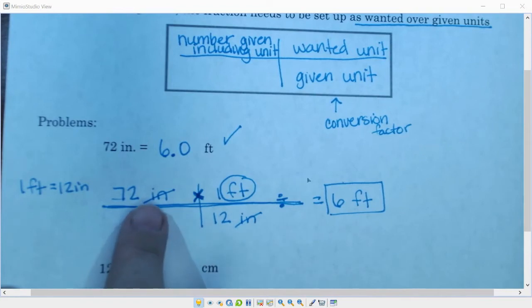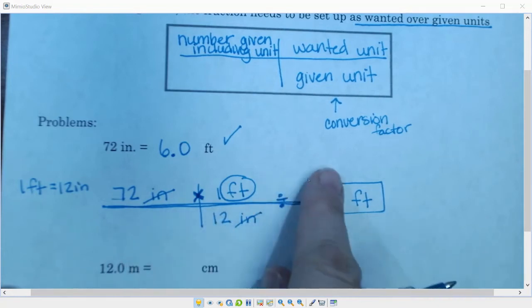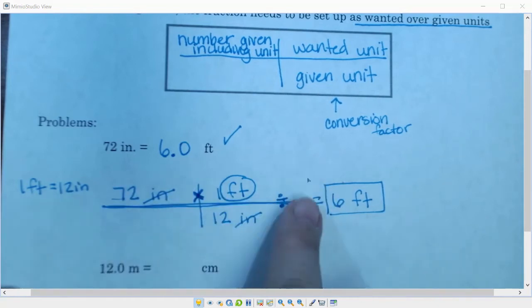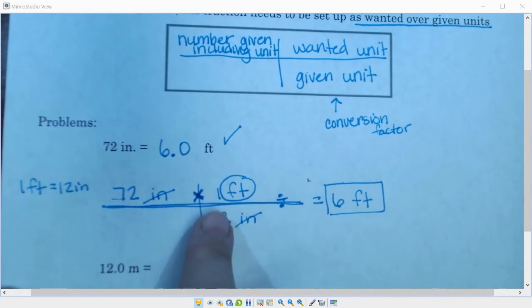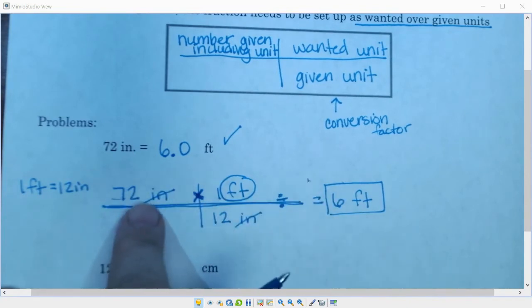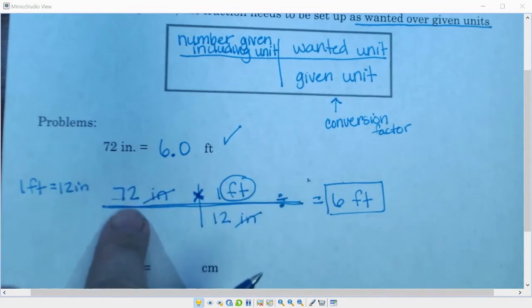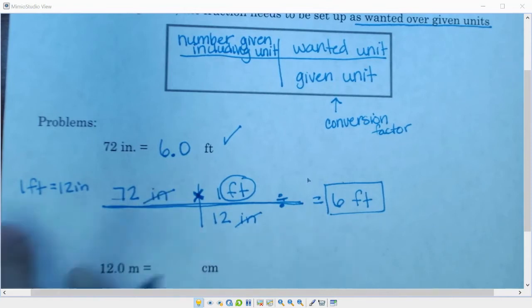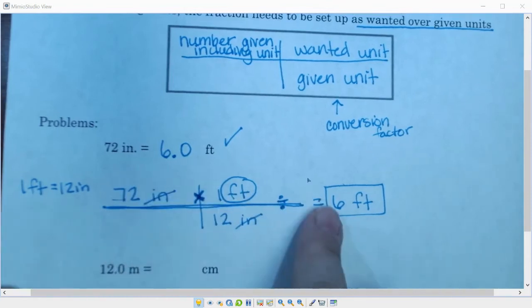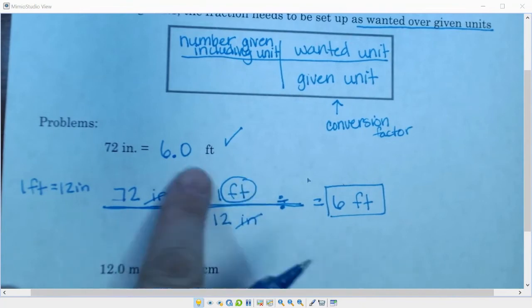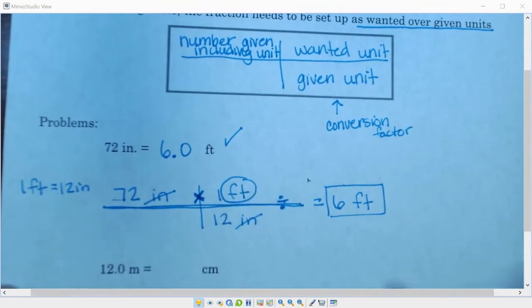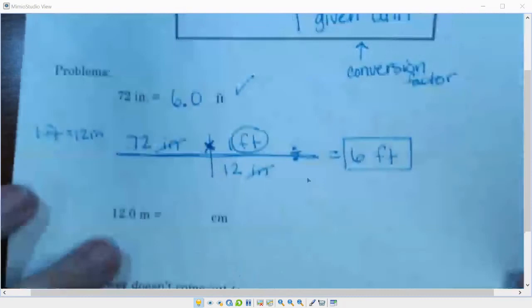But what if I had asked you to convert inches to something like time, and there were multiple steps that we had to get through, if we were talking about a speed, like you can travel so many miles per hour or whatever like that. So how long would it take you to go 72 inches? So that takes multiple steps. And so the system of organization will become really important in examples like that. Let's do another one.